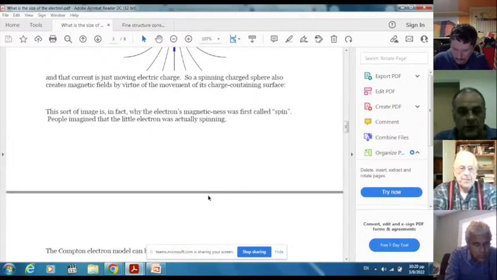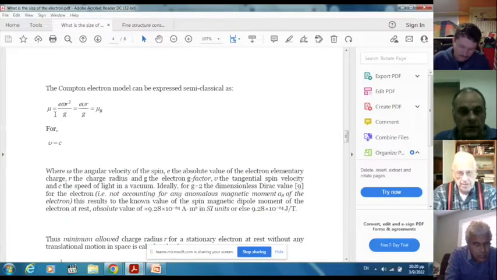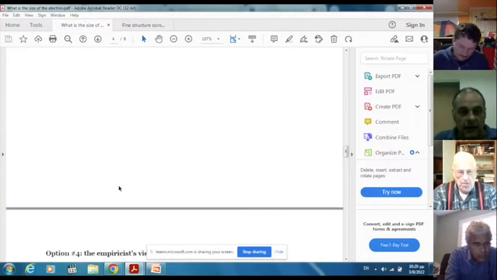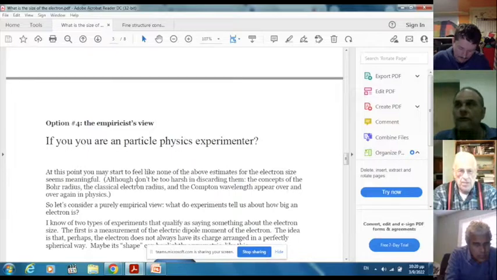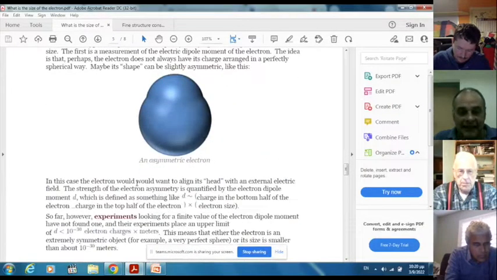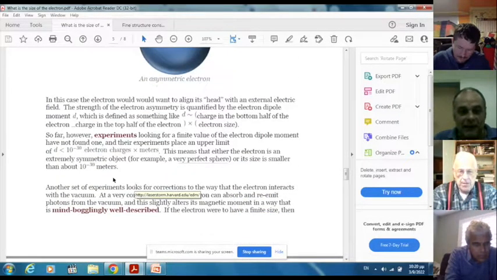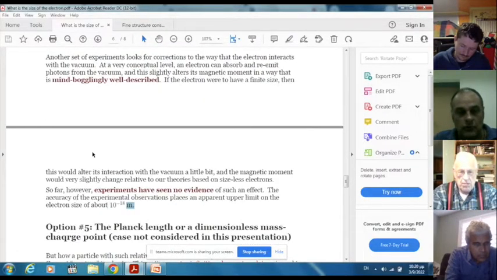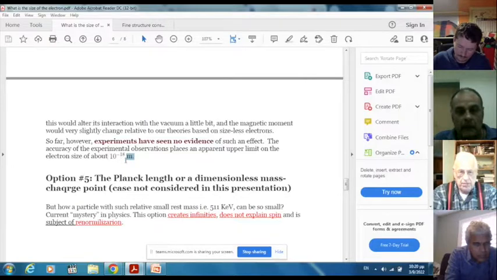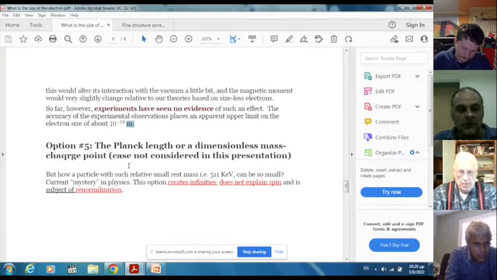The spin radius is minus 13. The experimentalists cannot find any size down to 10 minus 30 with one type of measurement, and 10 minus 18 with the other. So the other option is, what the heck?